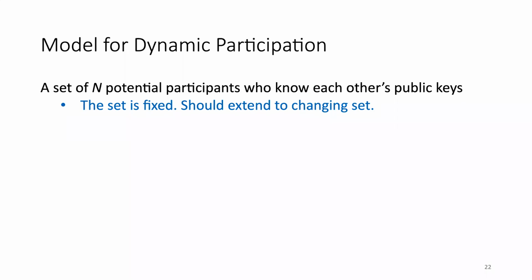So that's a PKI, or you can also think of this as an initial state distribution, which is similar to a PKI. In this work, we assume the set is fixed for simplicity, and it should extend to a changing set fairly easily, but we haven't written down all the details, so I don't want to make a formal claim there.